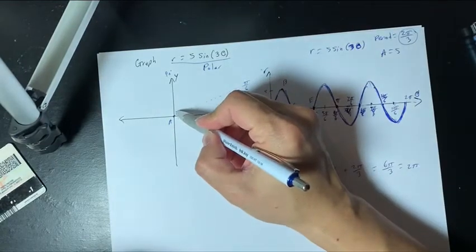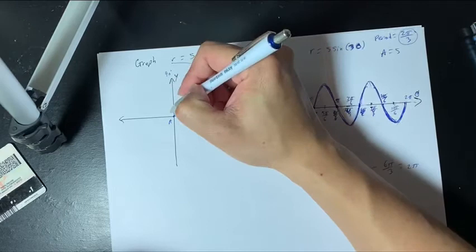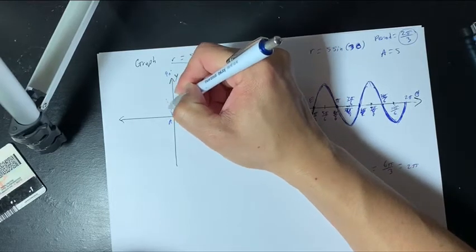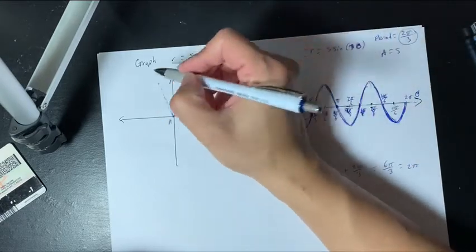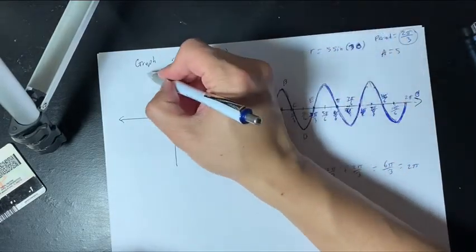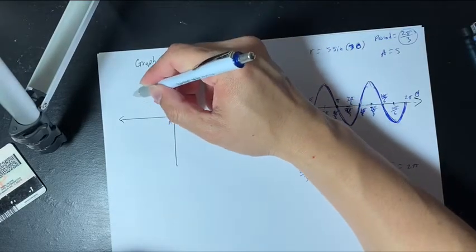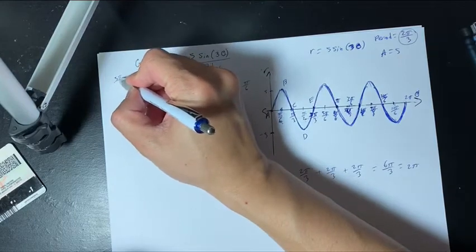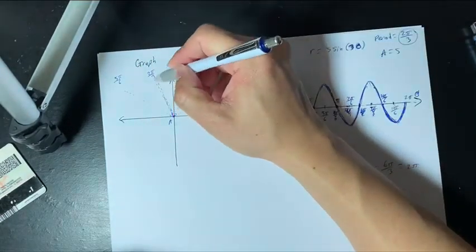And then here's pi over 3. And then here's that's pi half. And that's 2 pi over 3. And here's 5 pi over 6. Right?